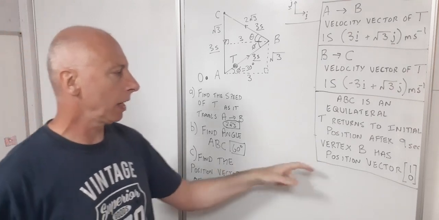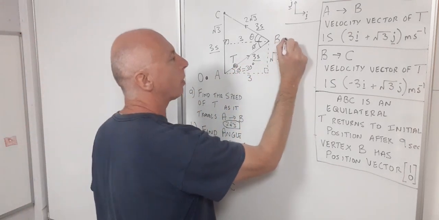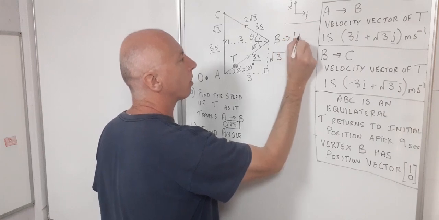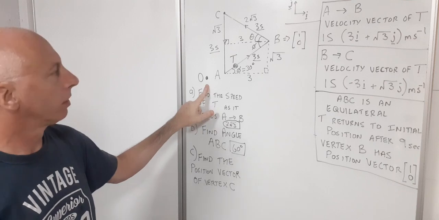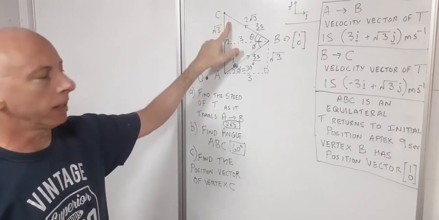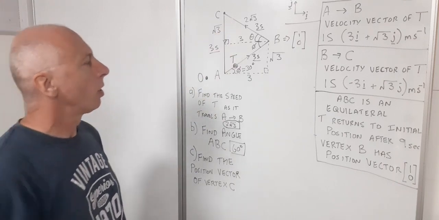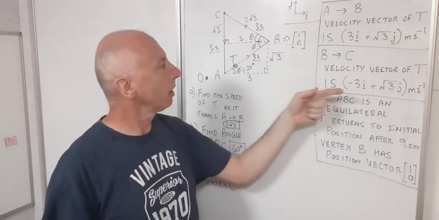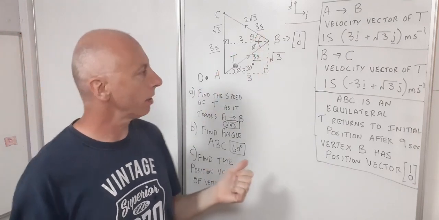Now vertex B has position vector 1, 0. So this one is 1, 0. And that's in terms of our origin. Now we want to find C. So how are we going to do that? Well, if we've got the speed and we've got the time for which it travels, we can calculate the distance.